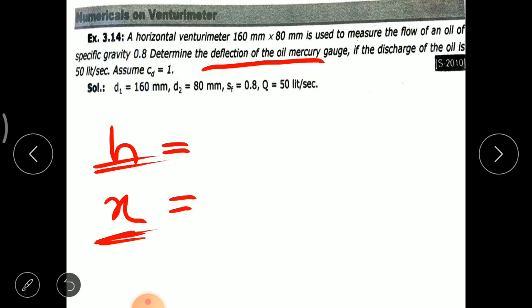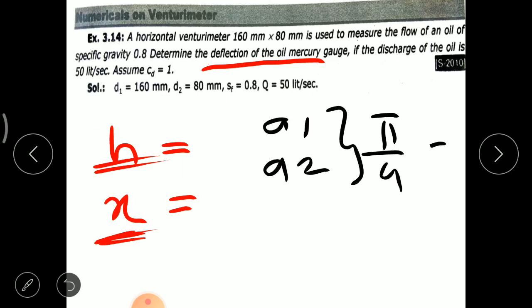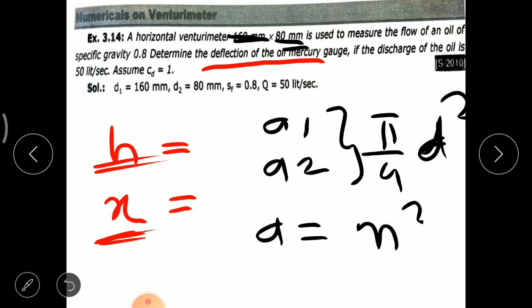Now we will move towards our first point. First of all, we have to determine area 1 and area 2 by using the formula pi by 4 d square. First we will take 160 mm and then 80 mm, but before that we have to convert all the units into meters so we can get the area in meter square.